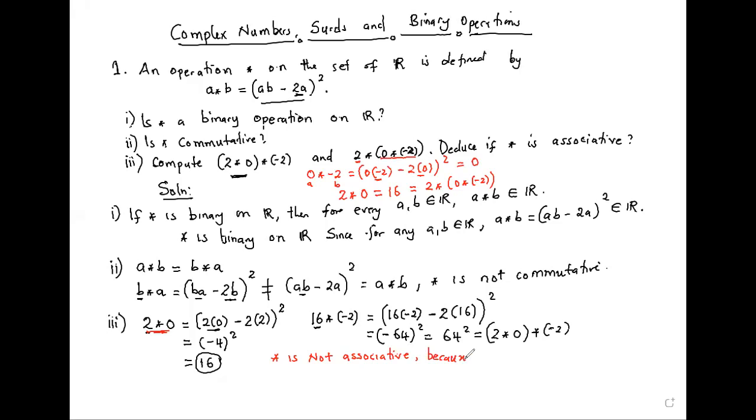Because A star B star C is not equal to A star B star C with the other grouping. The two are not equal. They are supposed to be equal.